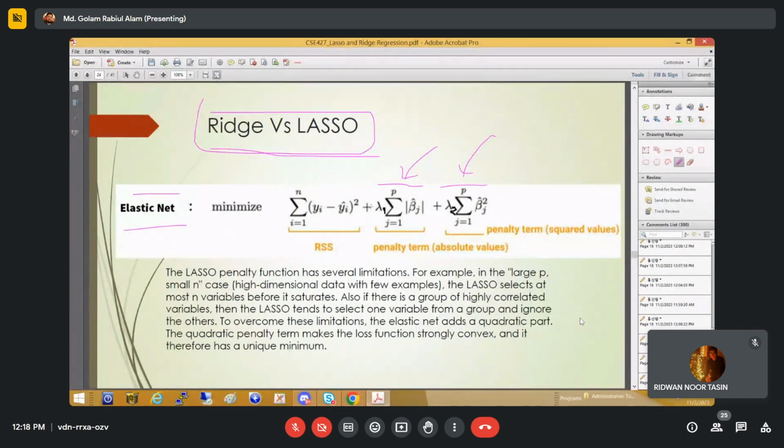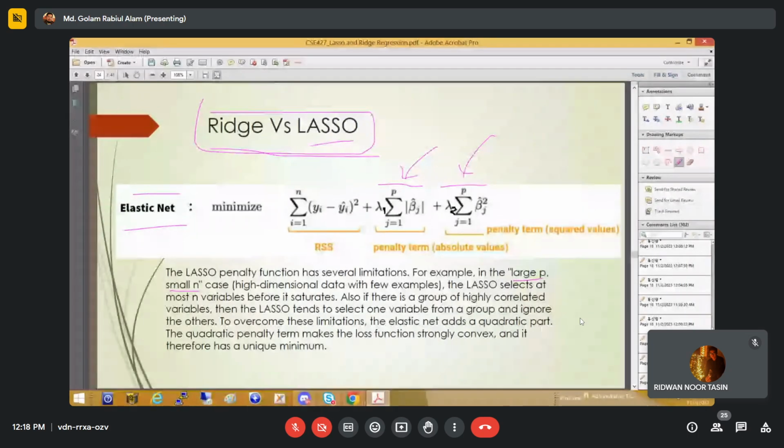So what's the benefit of combining this? It just combines the benefits of Ridge and lasso regression. Lasso has some limitations. The limitation is for large P and small n. What does it mean?